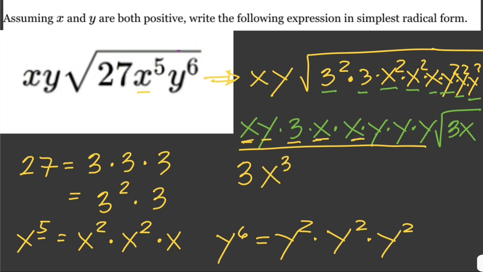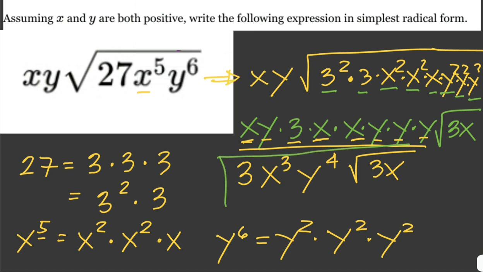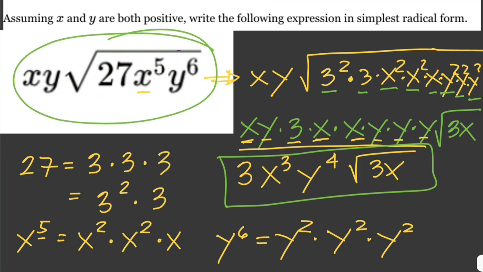Then we multiply y times y times y times y, so we have 4 y's there, so that would be y to the 4th. Then square root of 3x. Alright, so now this is the simplified form of the given expression.